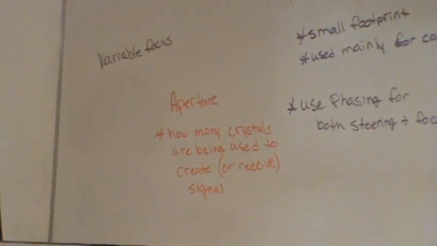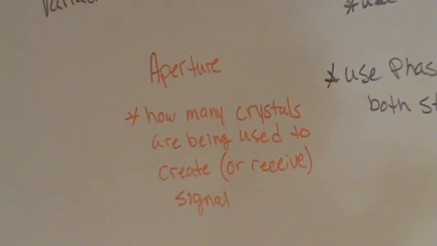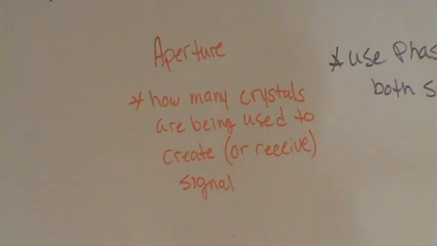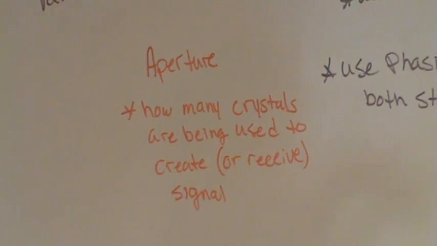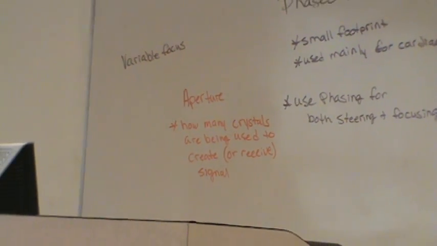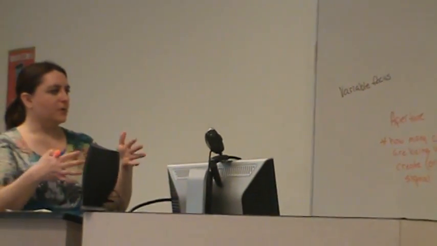So if they're talking about a large aperture, it's using lots of crystals. It would be kind of synonymous with the diameter of the crystal that we talked about with the beam shape. So larger aperture would be a larger diameter, push the focus out further, all that. But they also have that focusing thing, the phasing, to kind of focus the beam down.